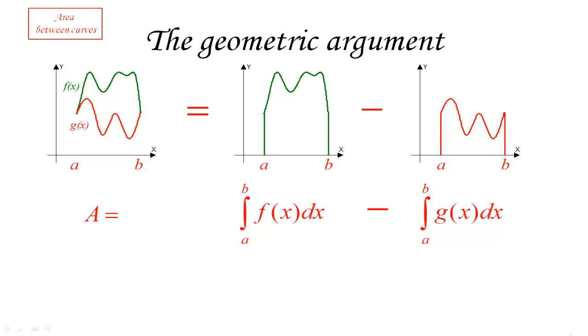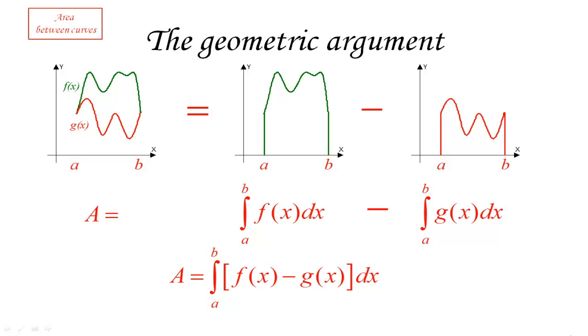Now, because of the properties of definite integrals, in terms of limits of sums, or if you want, because of the properties of antiderivatives, this is the same as writing the whole area as the integral from a to b of the difference between f of x and g of x dx. And so this is the simple formula that we're going to need to figure out the area of a region bounded by two curves.